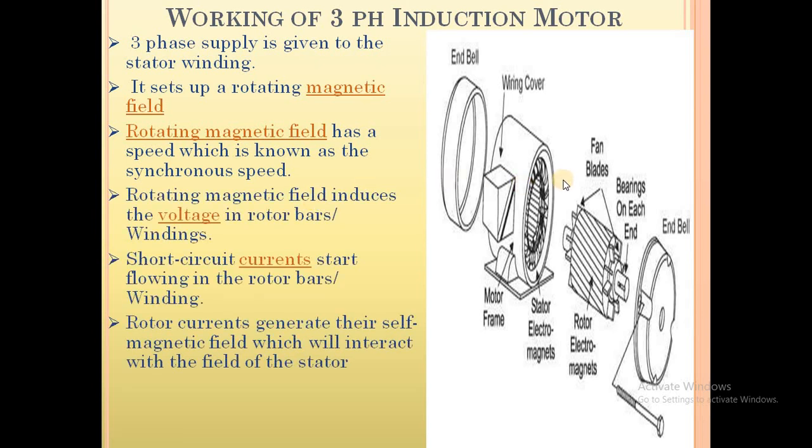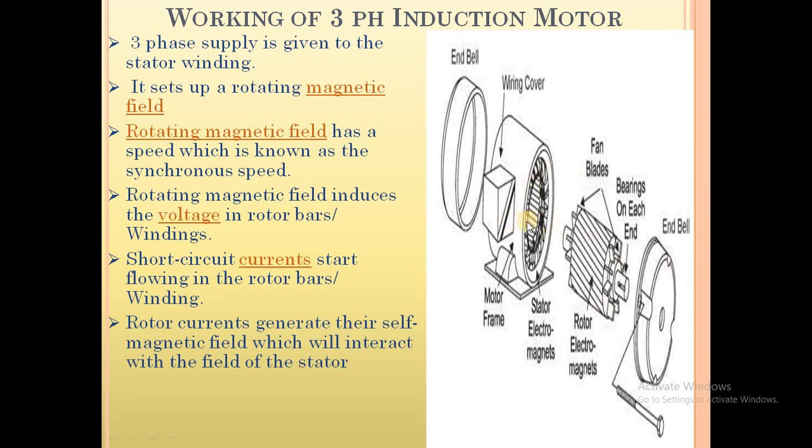The stator is stationary, but the field produced by the stator winding is rotating. This rotating magnetic field is cut by the rotor conductor. The rotor is standstill now; it is not moving.